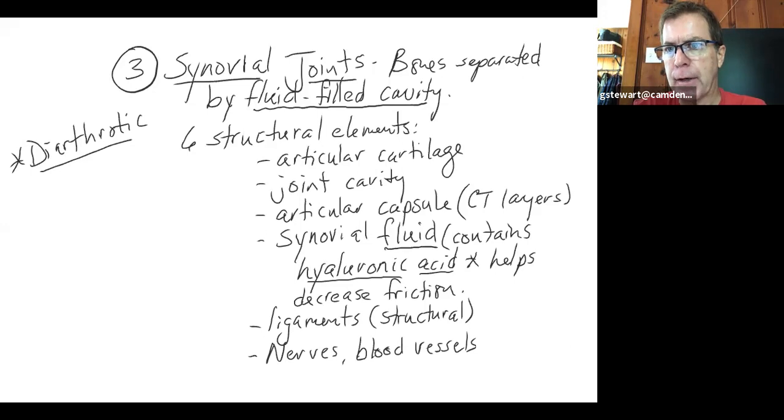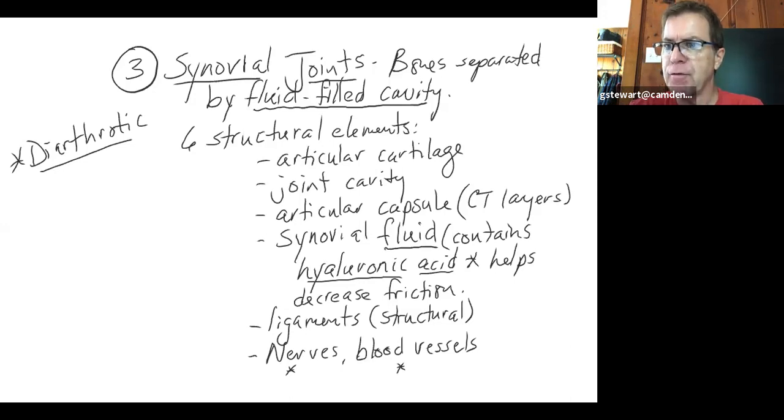Obviously, to provide sensation and nutrition. So some of these synovial joints also have fat pads, or what we call menisci, which are pads for articulation, a meniscus. Those are the 6 structural elements.